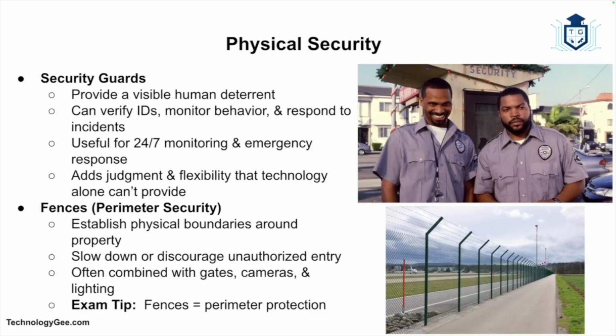And guards basically deter bad behavior, they check IDs, and they respond to incidents. In real life, large companies or schools tend to use guards for 24/7 security. And you also have fences. Now, this is simple but effective. Fences define boundaries and make it harder to sneak onto property. As it relates to the exam, just remember that fences equal perimeter protection.